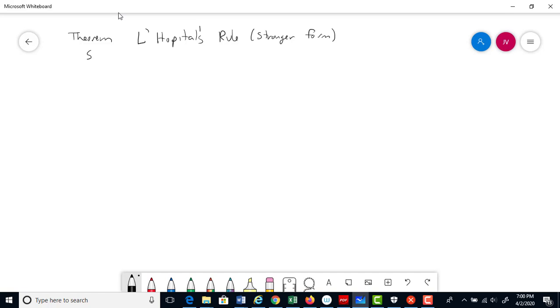So, suppose we have the same thing, that f of a and g of a are both 0. So this is going to be in the indeterminate form of 0 over 0.